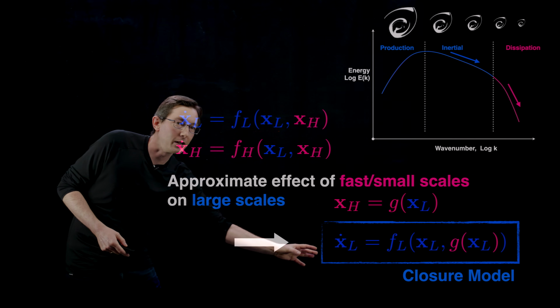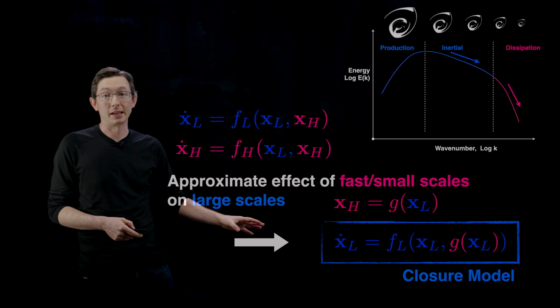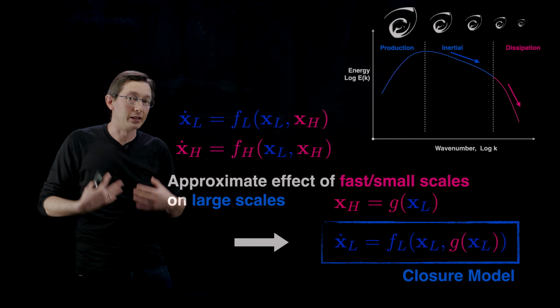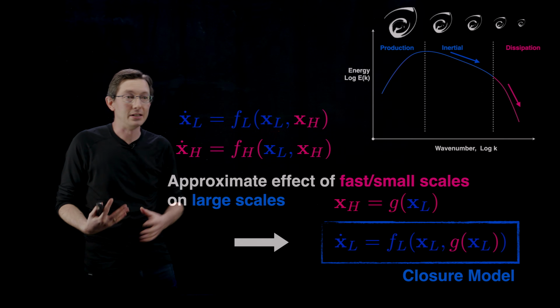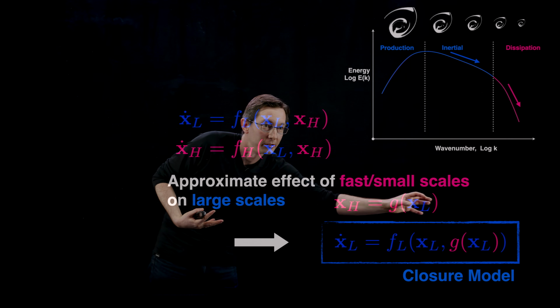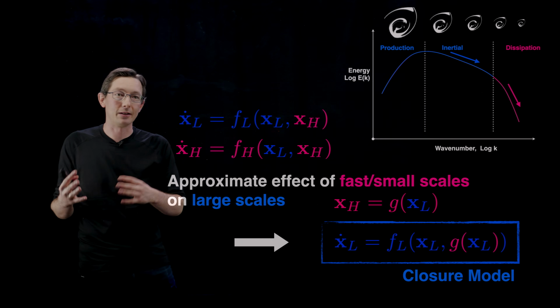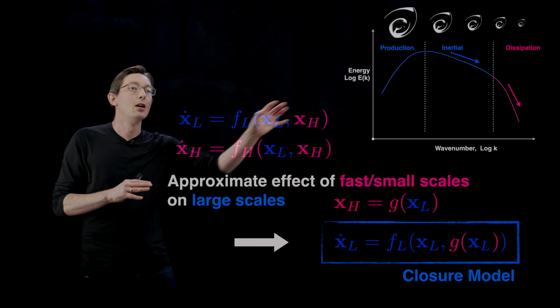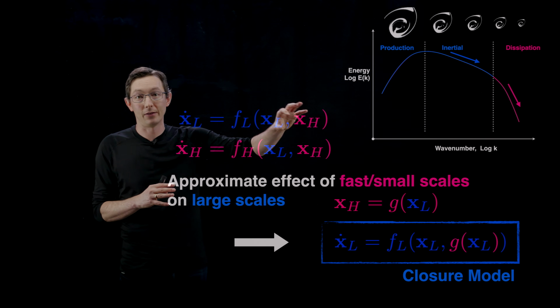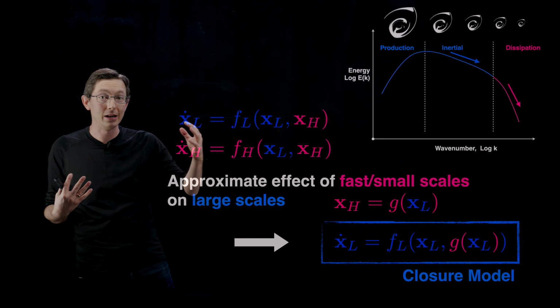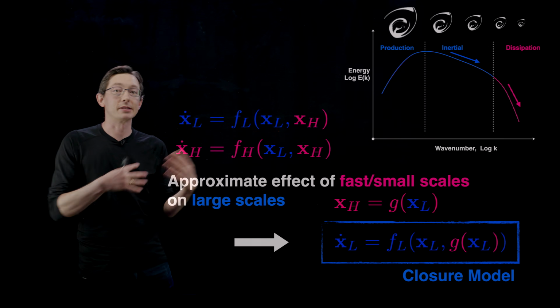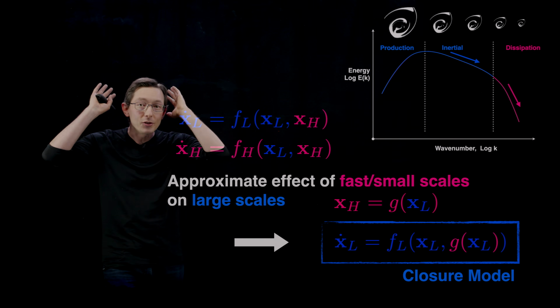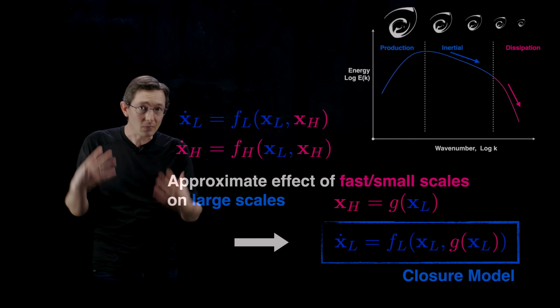So we want this simplified equation, okay? And that's really, really hard to get. So can we start building this with machine learning, with a wealth of data? Can we start building these proxy models for how the high frequency stuff would depend on the low frequency stuff, or averaging the effect of the high frequency stuff in this low frequency equation? Can we start getting proxy models from machine learning? Because we have so much data from turbulence.